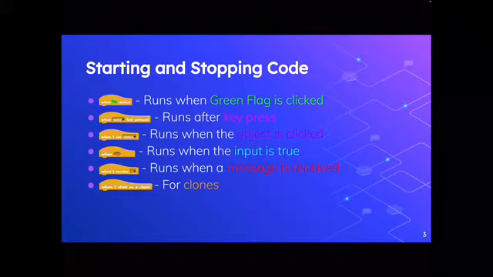Next, there's the when I am clicked block, which allows you to do certain actions when something happens to the sprite. So when something happens to the sprite, you want to run a certain action. There's also this more generic block, which is just when and then a Boolean block. So if you remember, that hexagon shaped block is for inputting Boolean values.